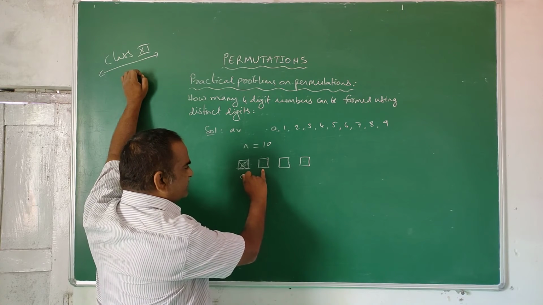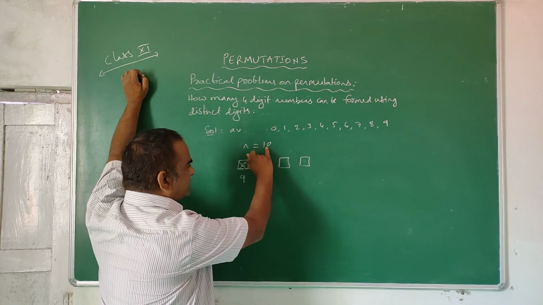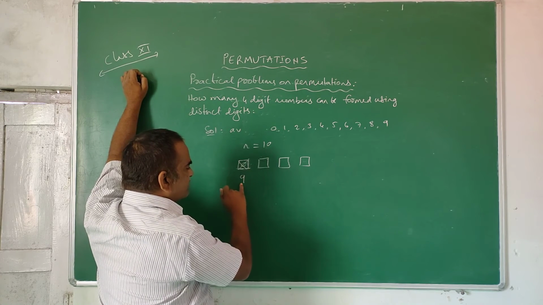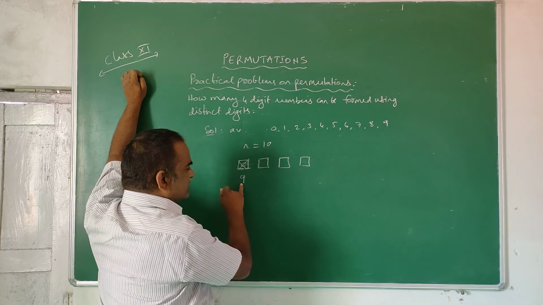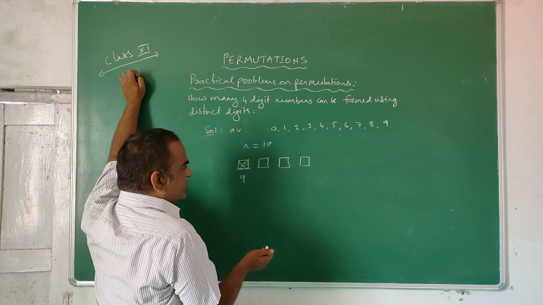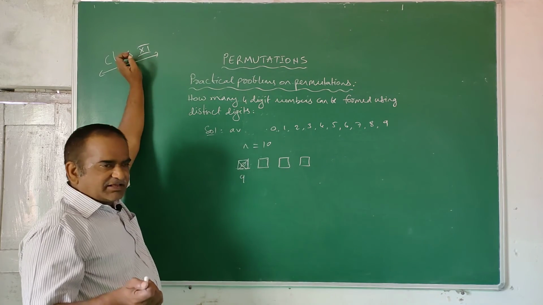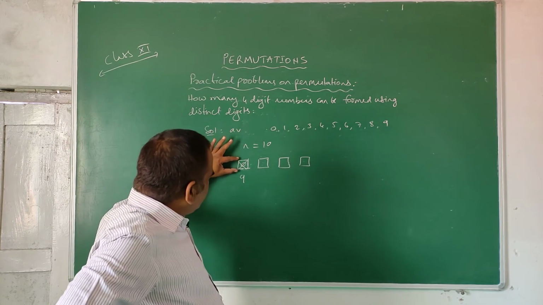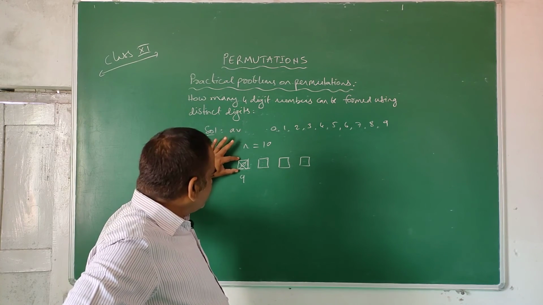Now you have to fill this. Overall 10 digits are there, and from that you have used 1 digit here. Then how many are left over? Are you following? See here, once more I'll explain. 0 should not be in the thousands place.